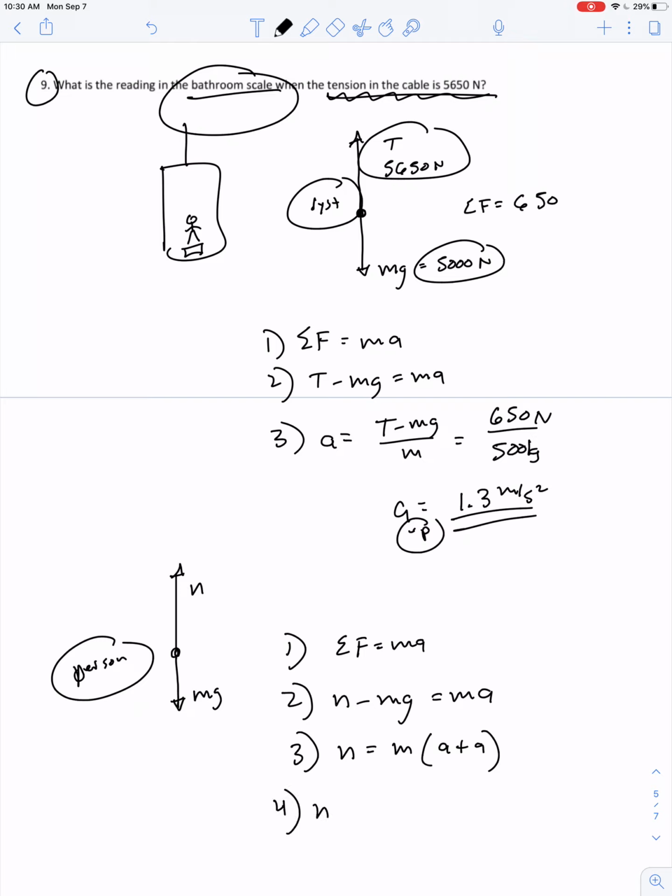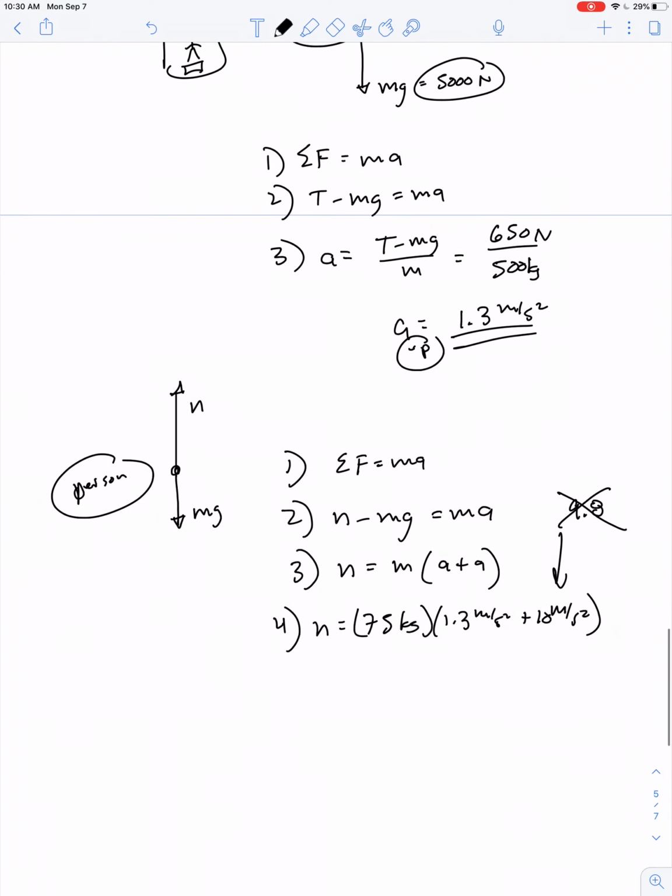So our scale reading would be 75 kilograms multiplied by 1.3 meters per second squared plus 10 meters per second squared. Don't forget, we're just rounding up. I'm not calling it 9.8 in this problem just for the sake of making the computation a little bit easier. So the normal force would be equal to 75 kilograms times 11.3 meters per second squared.